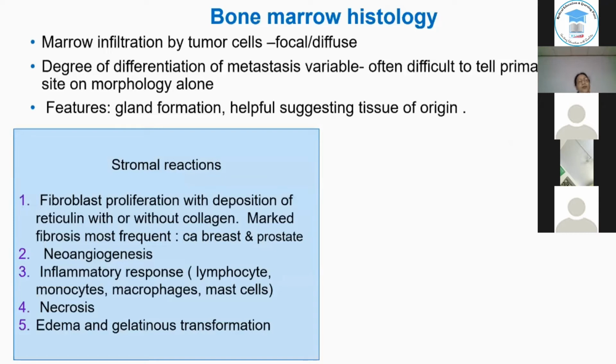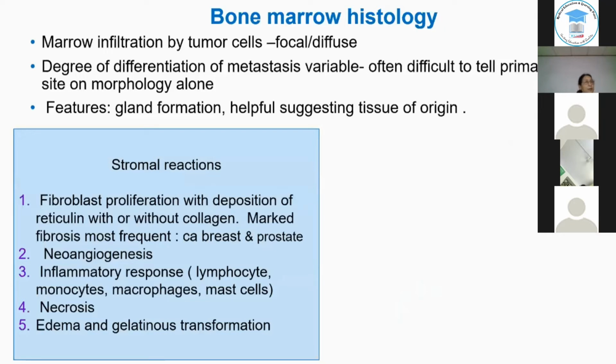Then comes the stromal reaction. It occurs in the bone marrow in the form of fibroblastic proliferation with deposition of reticulin with or without collagen. Marked fibrosis is most frequent with CA breast and prostate.